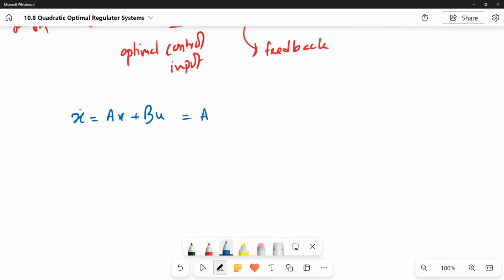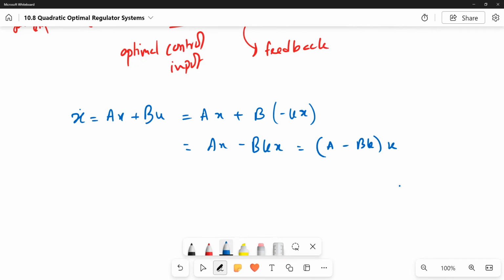We know that u is basically the optimized value, u equals minus Kx. So that gives us x dot equal to Ax minus BKx. Order is important because all of them are either matrices or vectors, so don't just change the order. This equation is already known to us; we have used it several times before.